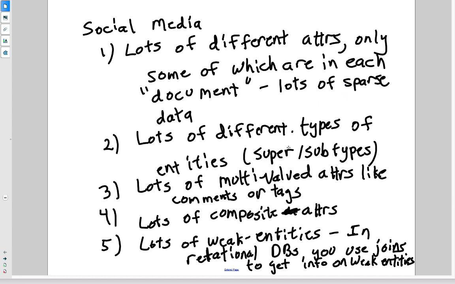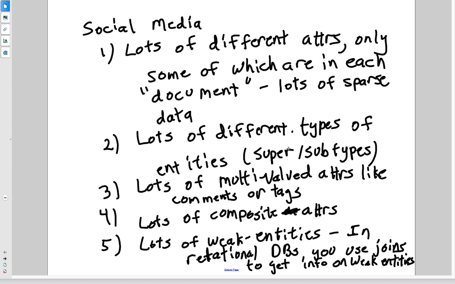The other problem is all these separate tables require joins, and joins are an expensive operation. So what they were finding was they were joining lots of different tables, and oftentimes they felt relational databases couldn't keep up with the number of queries that were being asked of them. Their performance was too sluggish.